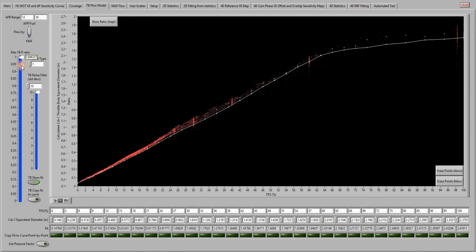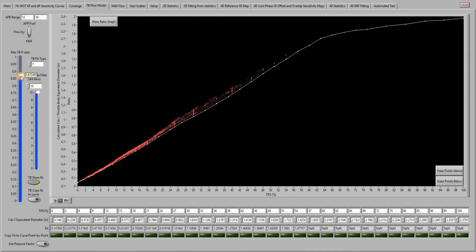You can also filter it based on the pressure ratio. The lower the pressure ratio across the throttle body, the more trustworthy the curve would be. If you're below, say, roughly a 0.5 pressure ratio, that means the flow is choked.